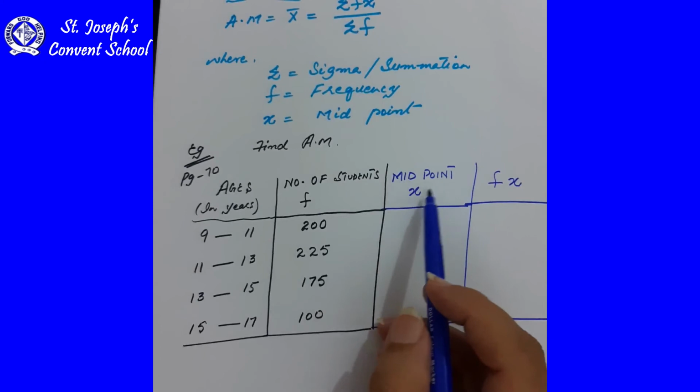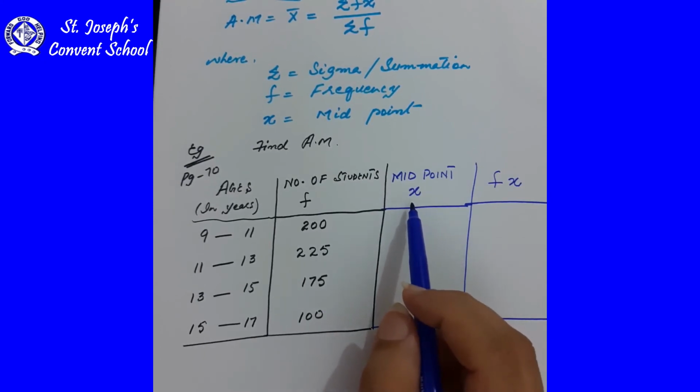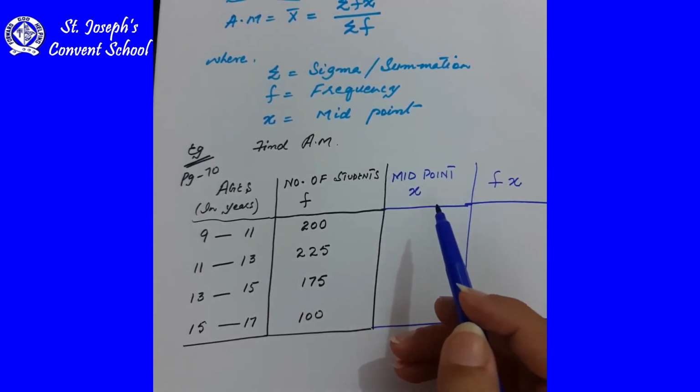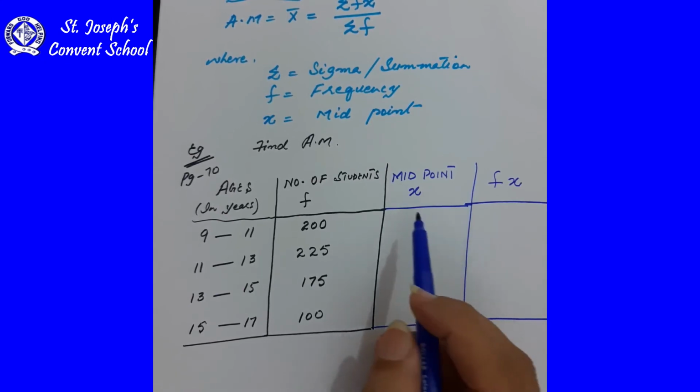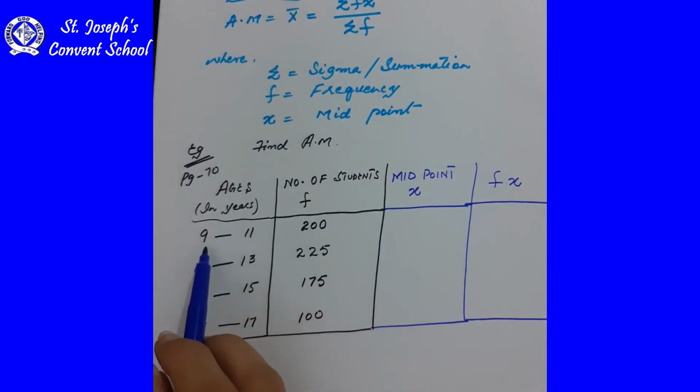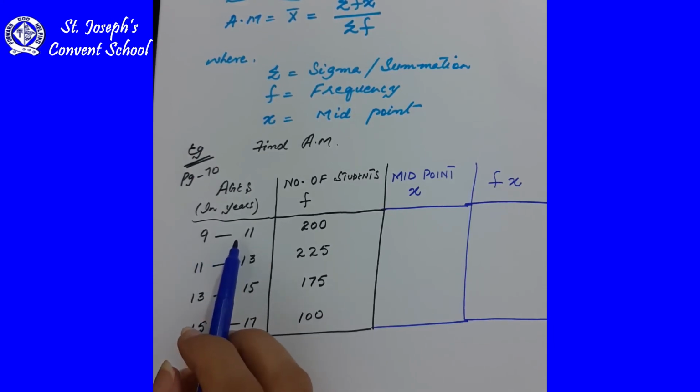Now how to find the midpoint? Midpoint means middle value. Middle value of what? Middle value of the first column where groups are given. There are two ways of finding the middle value.